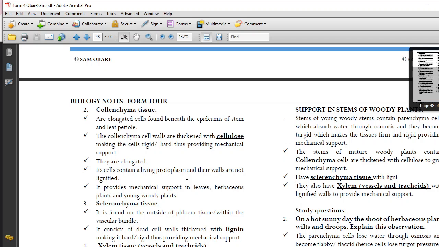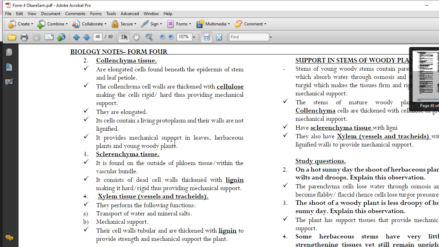The parenchyma provides support because of turgidity as a result of absorption of water, and the chorenchyma as a result of the cellulose, which is thickened in different forms. You remember in the xylem we have the spiral thickening, there is the pitted, and all those.